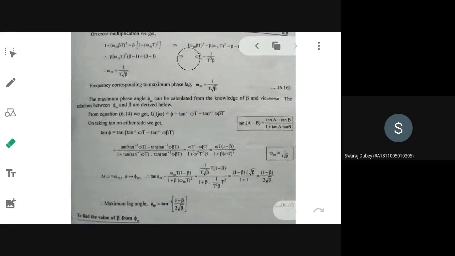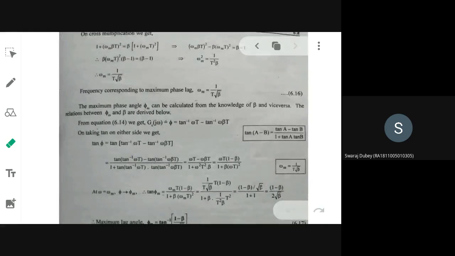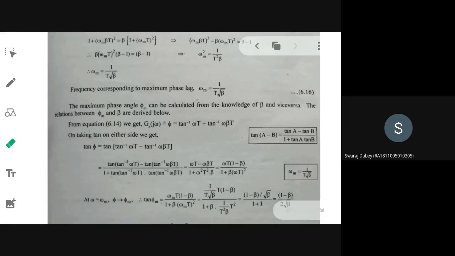If you do that and simplify, then you will get the maximum value of phase angle. The corresponding frequency will be equivalent to 1 by t into square root of beta. Already we have derived this as omega c1 omega c2; this is another way of deriving it.